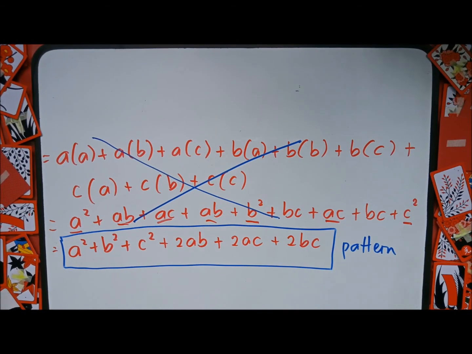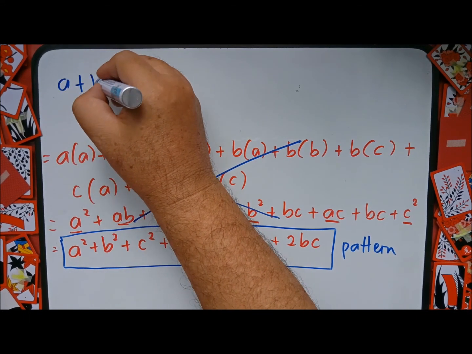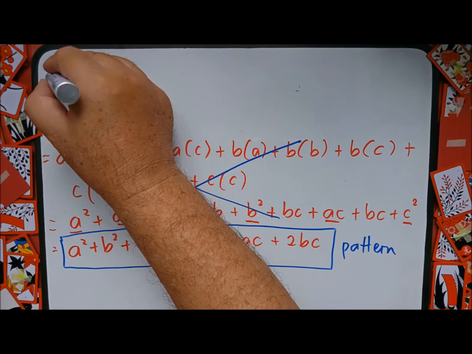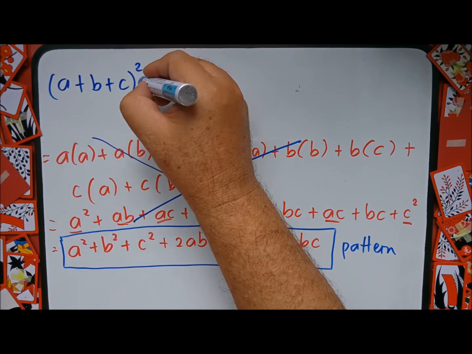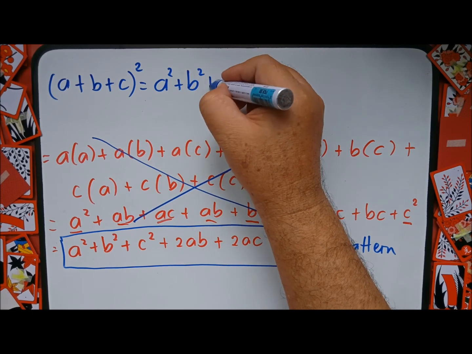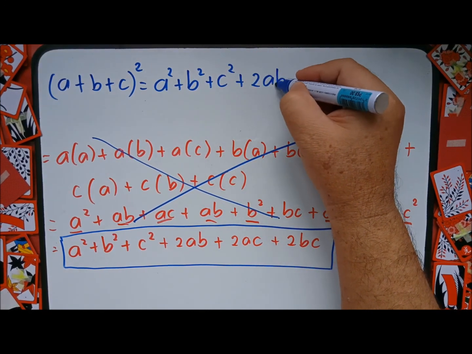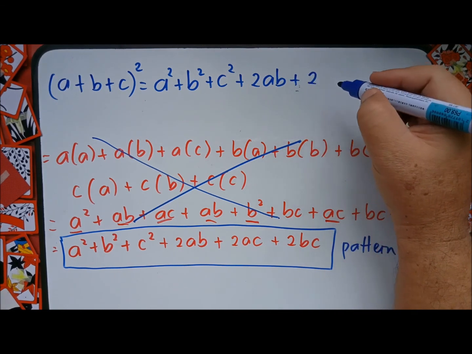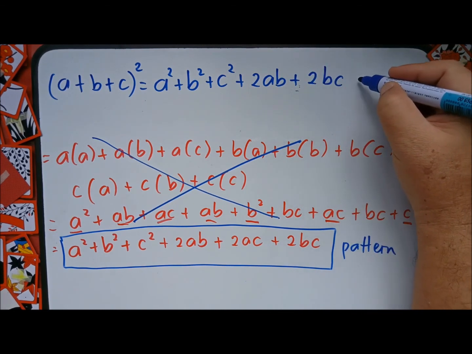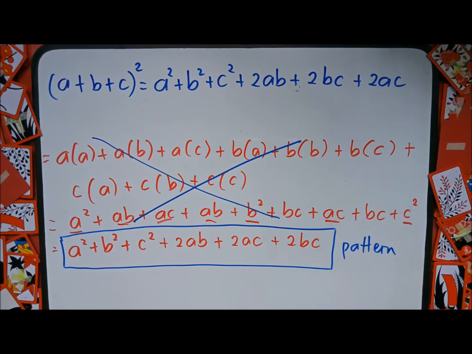(A + B + C)² will become A² + B² + C² + 2AB + 2BC + 2AC.